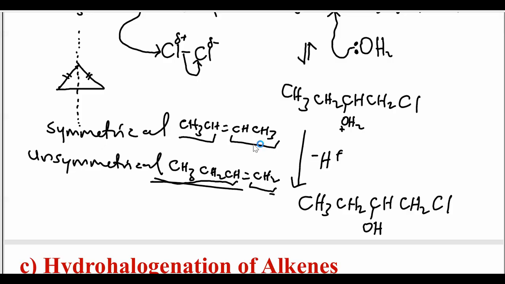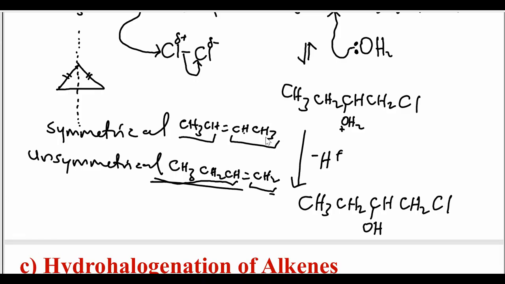So we say that Markovnikov's works on unsymmetrical alkenes, while for the symmetrical ones, this carbon atom and this carbon atom have the same number of hydrogen atoms. So when you are adding, it can add on any side it wants. Have you made some analysis on that now?